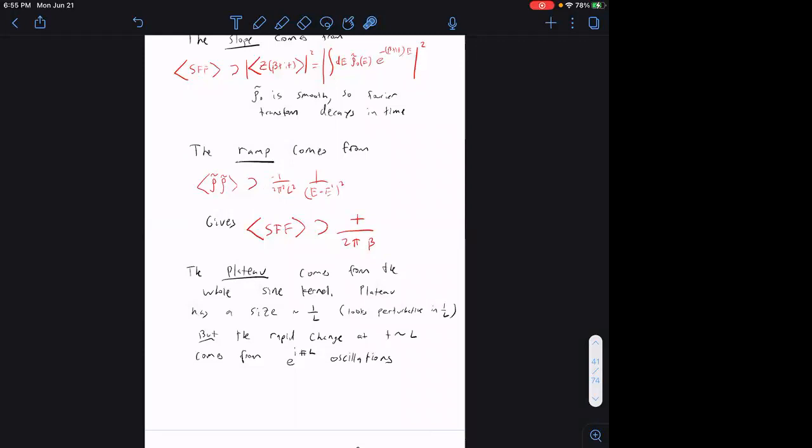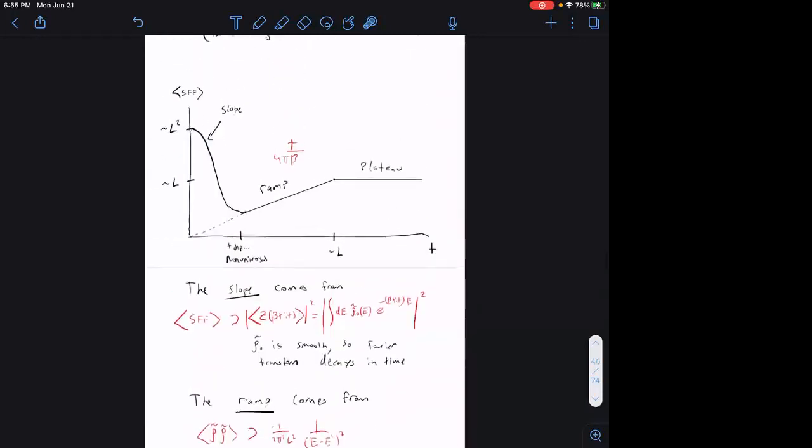It oscillates like e to the i energy spacing times L. So the Fourier transform is only sensitive to these oscillations if t is of order L. So for t less than L, the spectral form factor doesn't see the oscillations in the sine kernel.